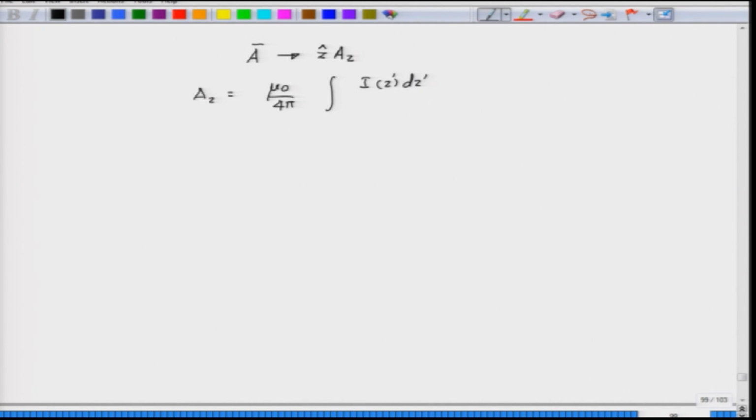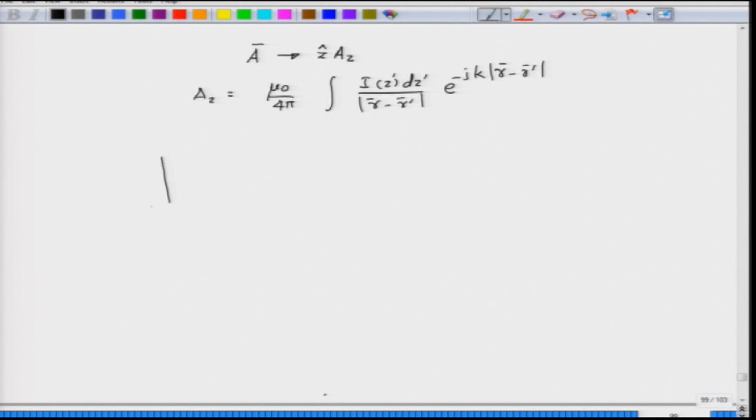Instead of J times dv prime, sorry, that is the volume, it simply becomes current times dz prime, divided by the magnitude of r minus r prime, which are of course the observation and the source points, and you have a phase factor that would also multiply. This is the retarded potential part that you are looking at.